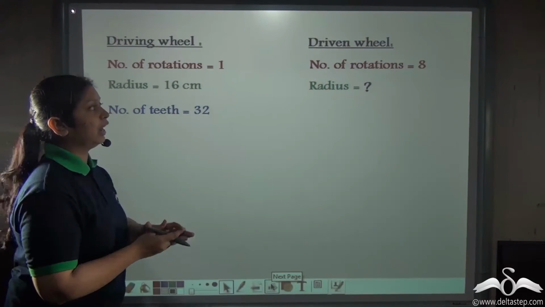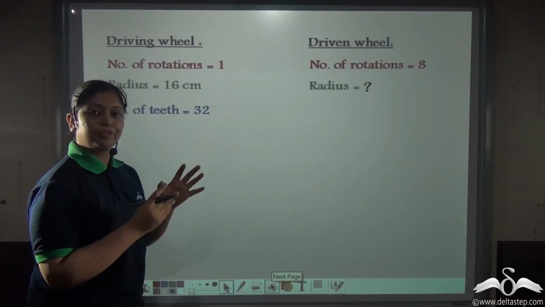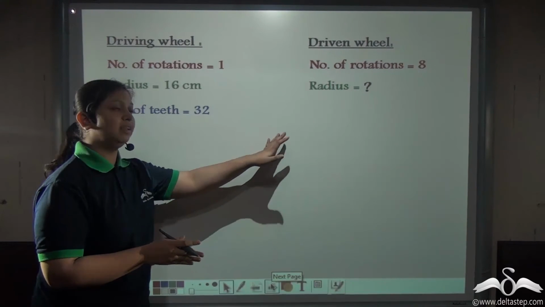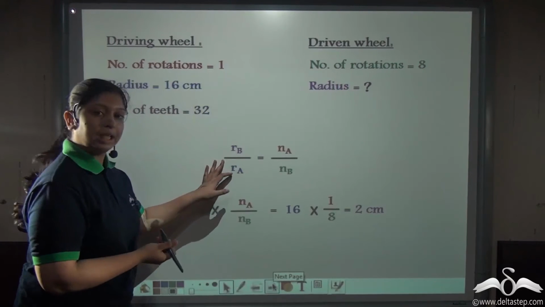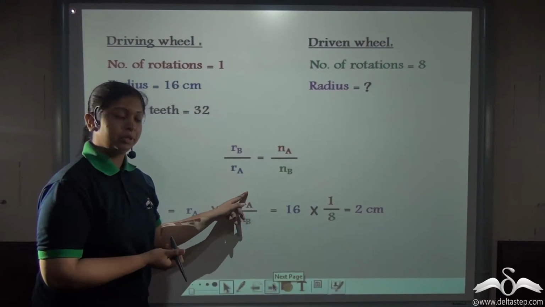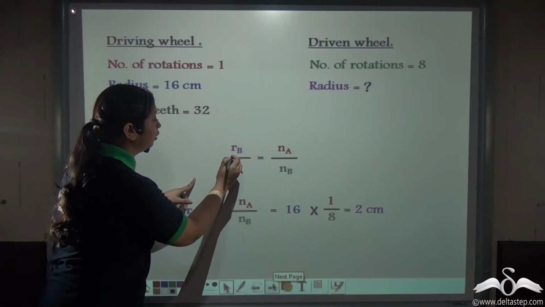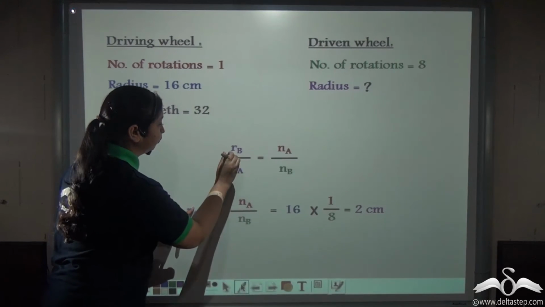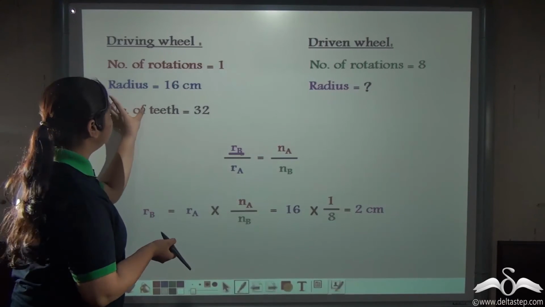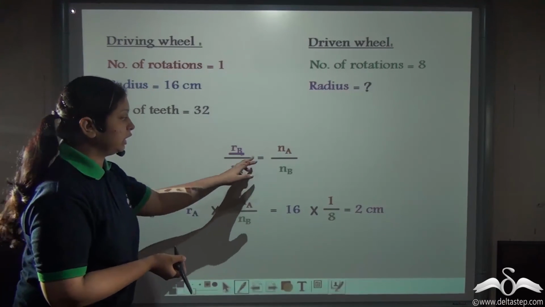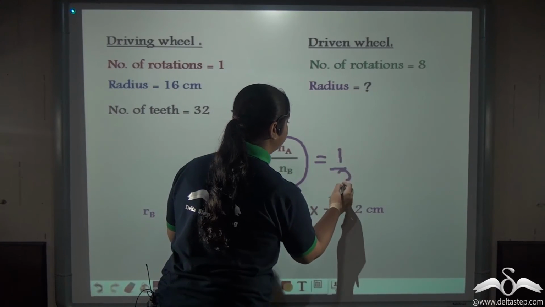So, now we need to find out the radius of the driven wheel. Now, finding out the number of teeth was easy. Similarly, we can also find out the radius. For that, we will use this expression, that is ratio of the radius of the driven gear, that is RB, divided by RA, that is radius of the driving wheel, is equal to the velocity ratio, which is 1 by 8 we have found out.